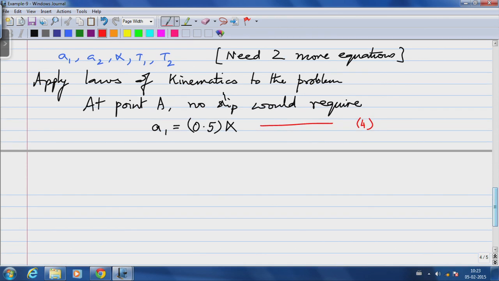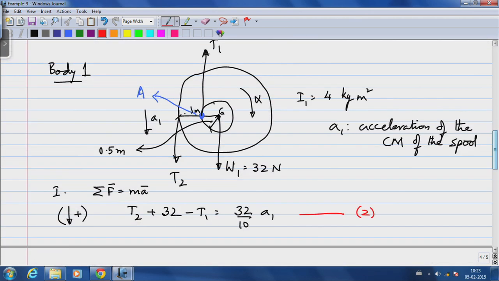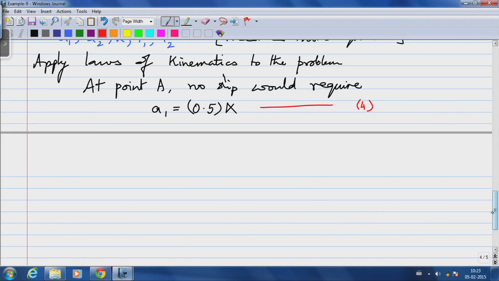The 5th equation comes from relating the motion of 2 and 1 put together. So, we will use the laws of relative motion between bodies 1 and 2.